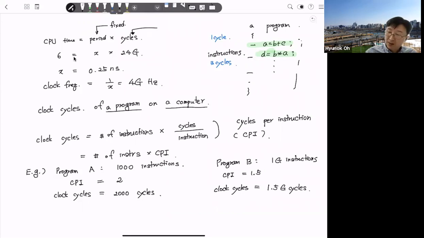So then, let's summarize. CPU time is clock cycles and clock period, right?